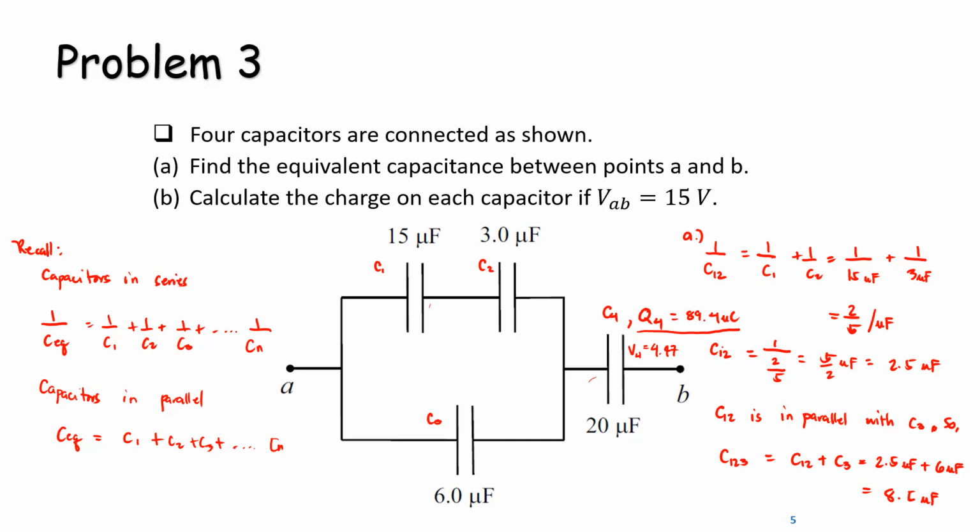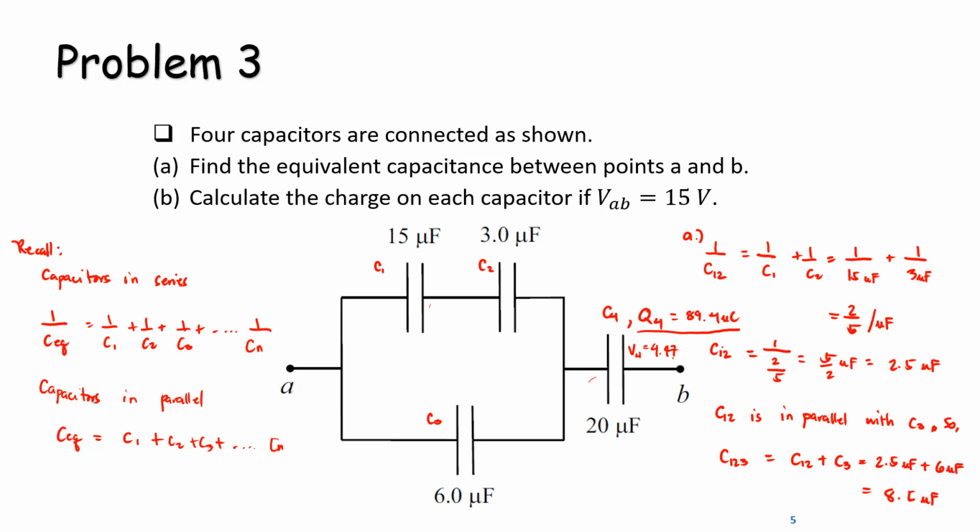And since it is in series with this, when we replace this with a single capacitor that has an equivalent capacitance C123, its voltage is equal to 15 volts minus 4.47, or 10.53 volts. Now, what we know also is that C12 is in parallel with C3.